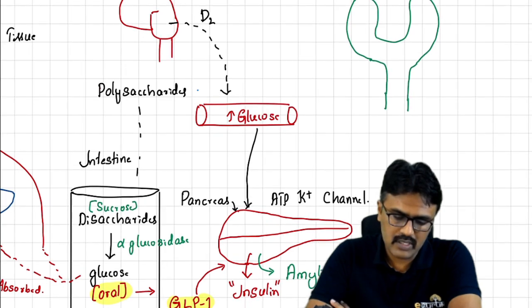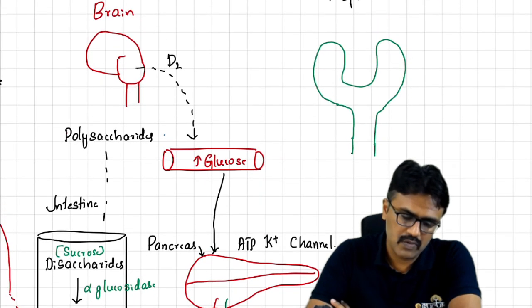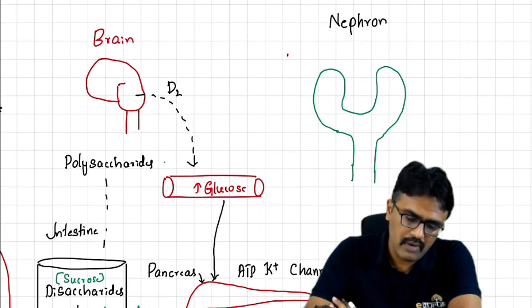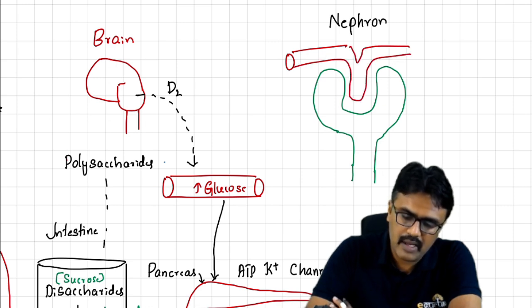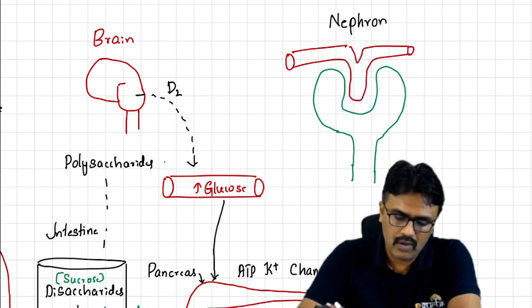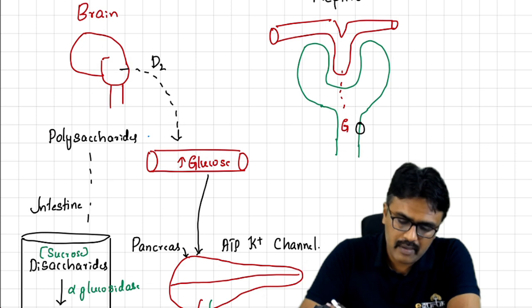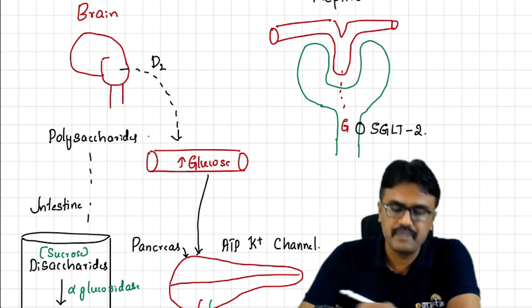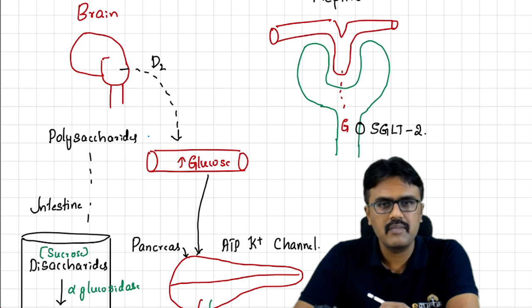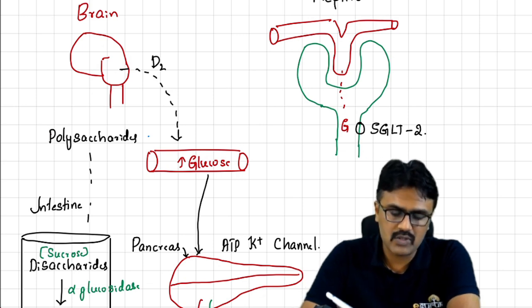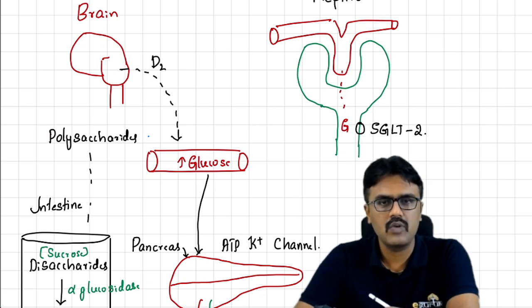Now when the glucose is high, obviously it has to be filtered by the kidneys. So it goes into the kidney, and from there it has to be filtered. When the glucose gets filtered, it is reabsorbed back by a transporter called sodium glucose transporter 2. So this sodium glucose transporter 2 is the one which reabsorbs this glucose.